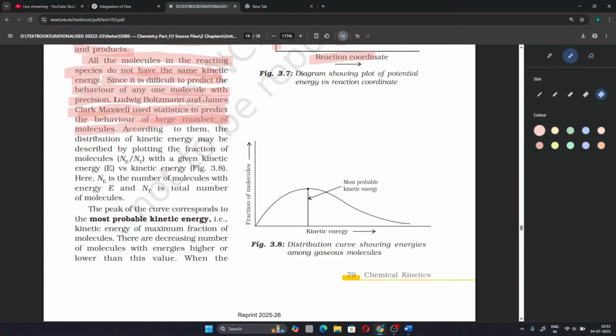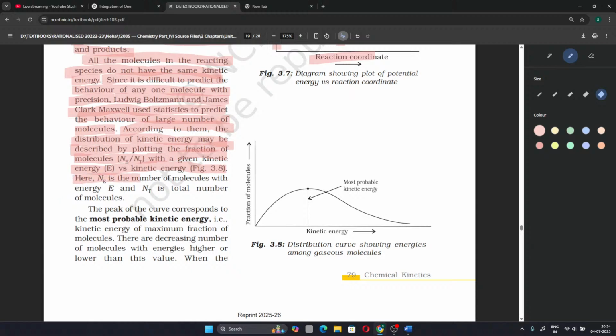According to Boltzmann and Maxwell, the distribution of kinetic energy may be described by plotting the fraction of molecules Ne by Nt with a given kinetic energy E versus kinetic energy.